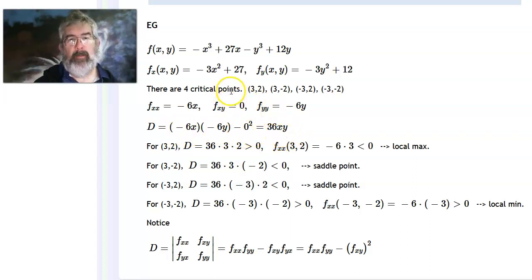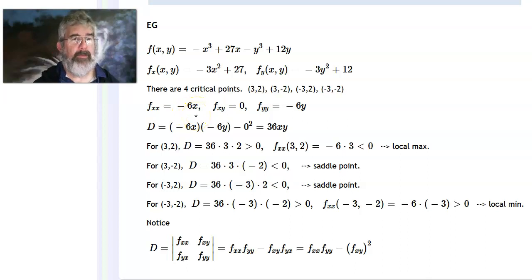So looking at my 4 critical points, (3, 2), when I plug it in for x and y, 36 times 3 times 2, I don't even care exactly what it is, I just care that it's positive, right? Positive times positive is positive. So this is either a max or a min. So I look at f_xx. Well, f_xx is -6 times 3, which is negative.